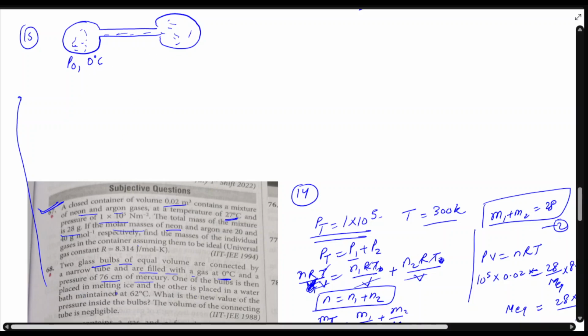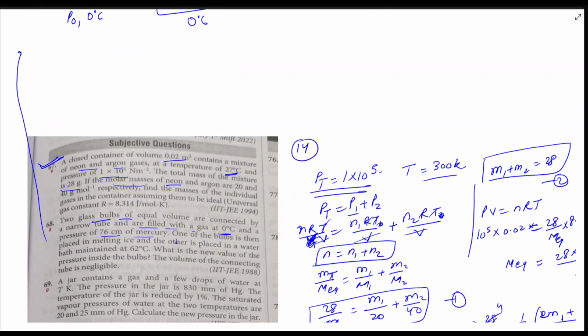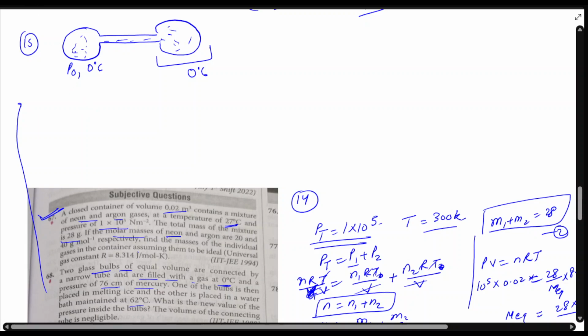One of the bulbs is then placed in melting ice. So if this is placed in melting ice, it has a temperature of 0 degrees Celsius, so no change here. The other was placed in a bath maintained at 62 degrees Celsius. So now this one is at a temperature of 62 degrees Celsius.